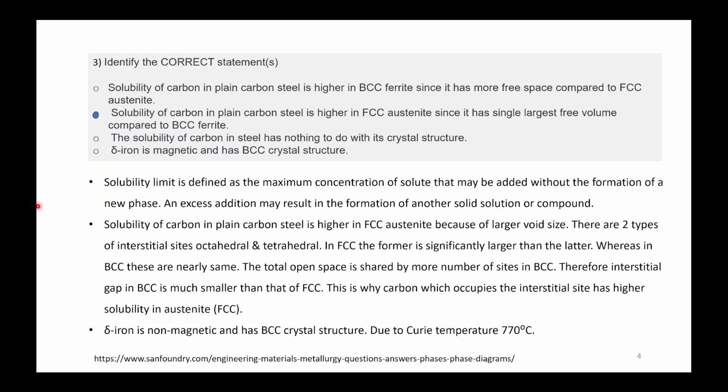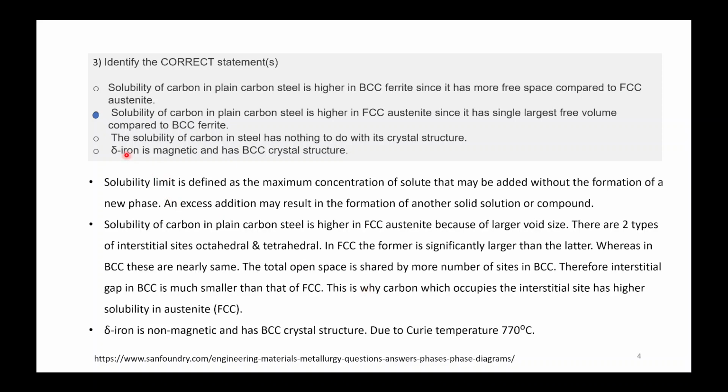There are two types of interstitial sites, octahedral and tetrahedral. In FCC, the former is significantly larger than the latter, whereas in BCC these are nearly the same. So the total open space is shared by a larger number of sites in BCC. Therefore the interstitial gap in BCC is much smaller than in FCC, which leads to higher solubility in austenite.